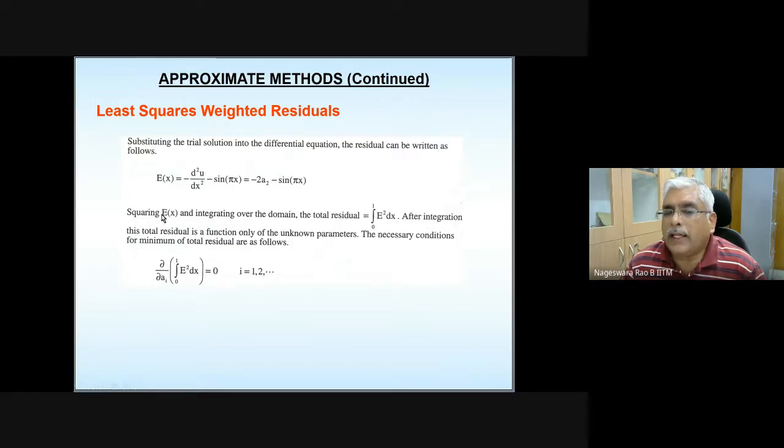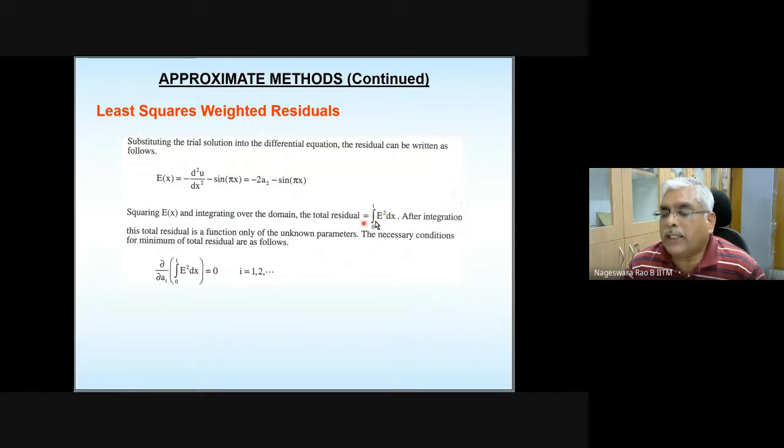Squaring the residual error and integrating over the domain, the total residual is this one: integral 0 to 1 of E square dx.